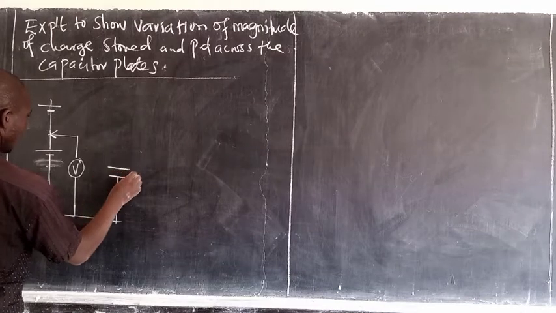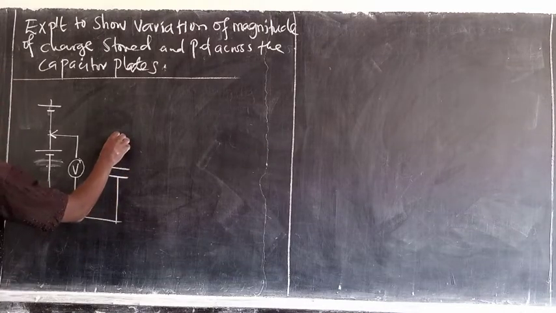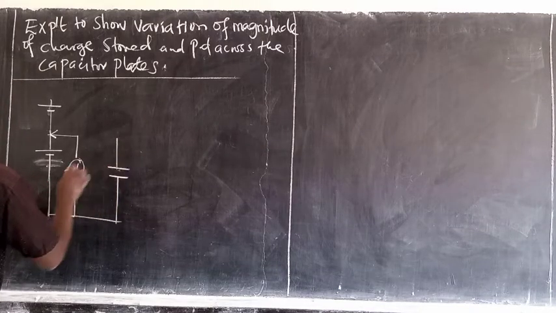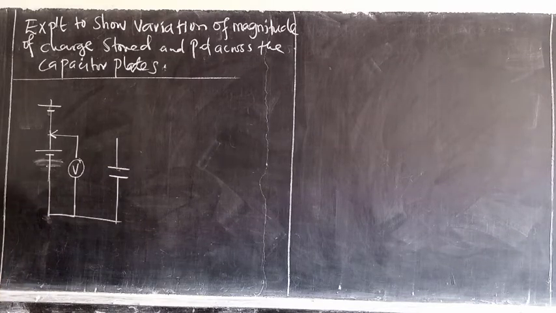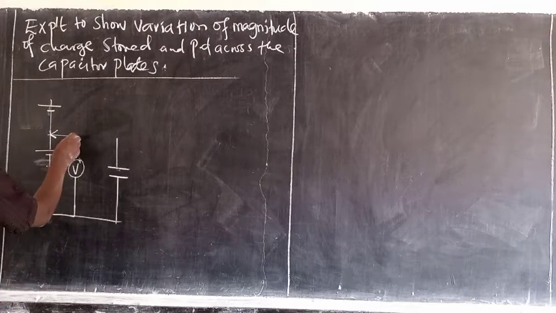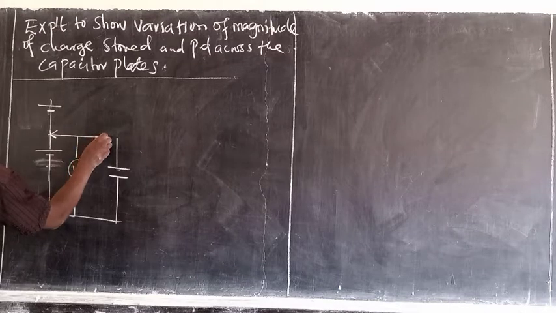Here we have the capacitor plates. We're going to see how a reed switch circuit looks. Okay, this one is extended.